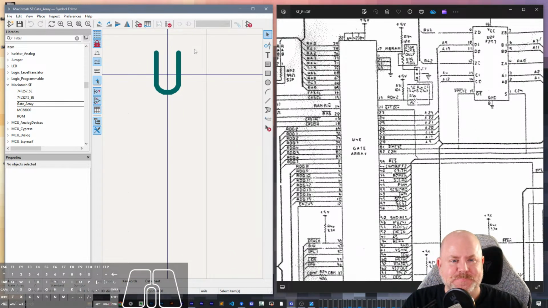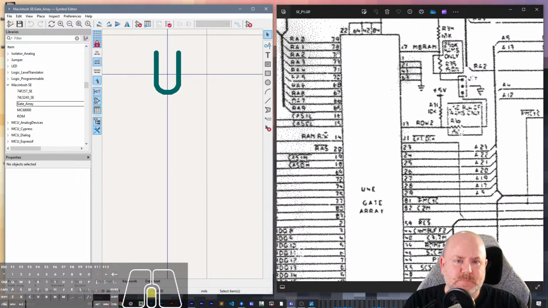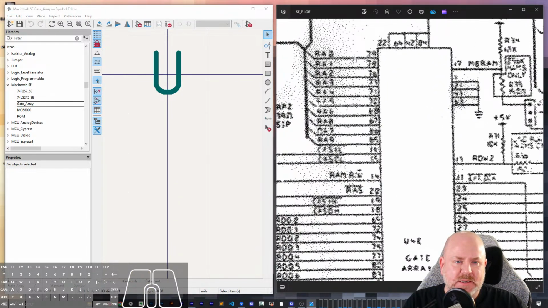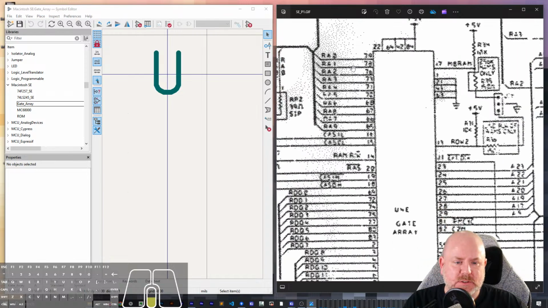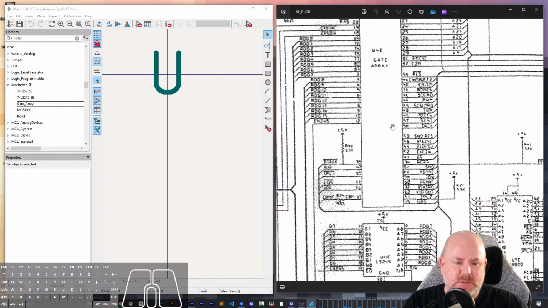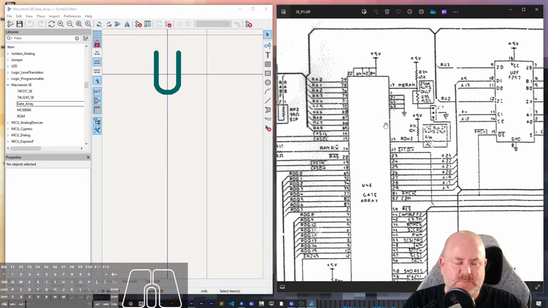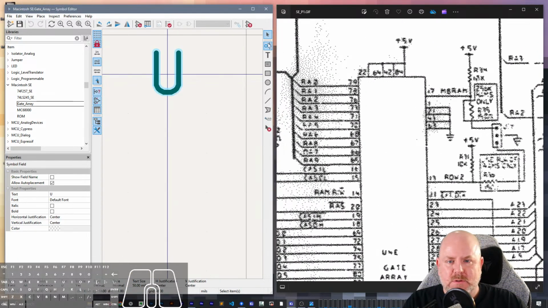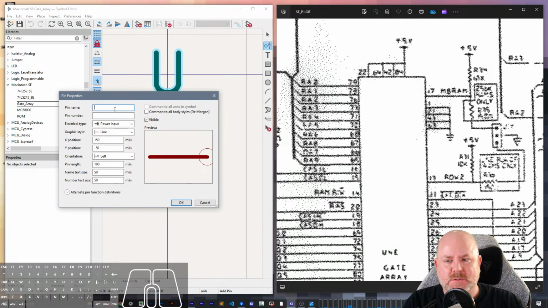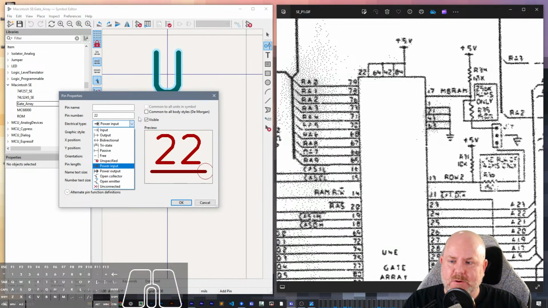So 79, 78. Good Lord. This is a nightmare. Okay, so let's do 22 power input.